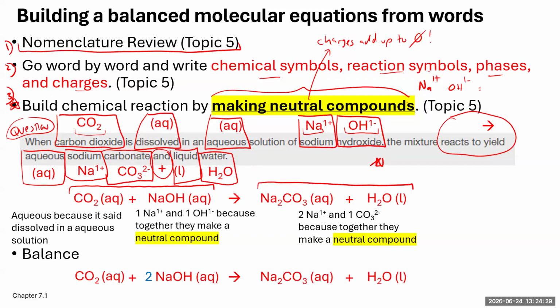That's all we're doing. So if we have a 1 plus and a 1 minus there, the charges add up to 0 with 1 sodium, 1 hydroxide. All right. Cool. Left side's done.